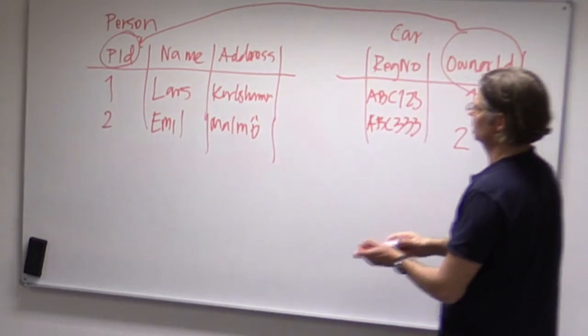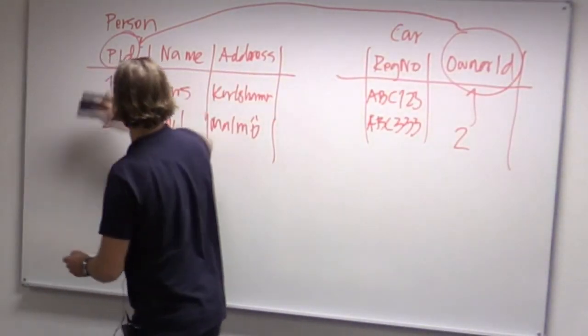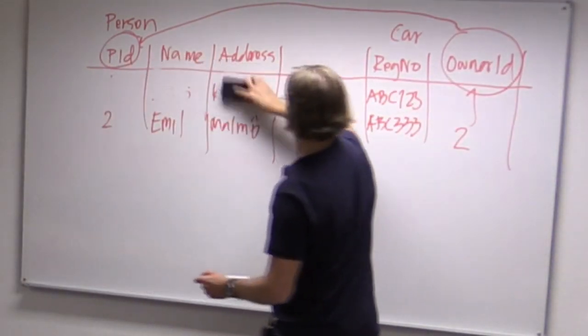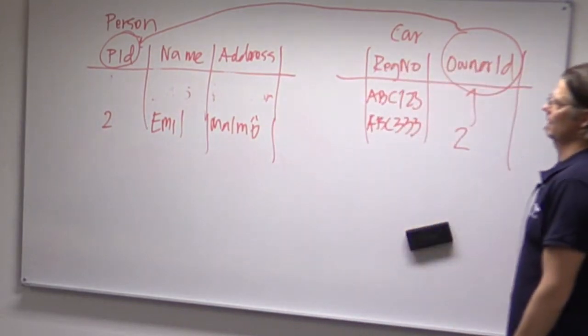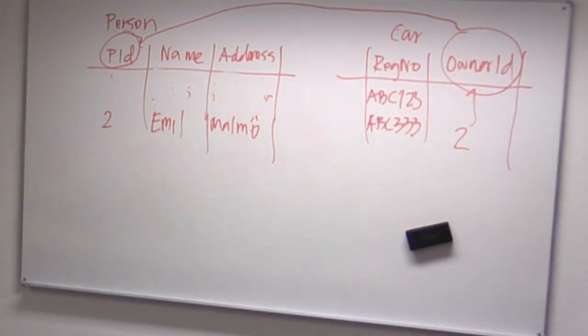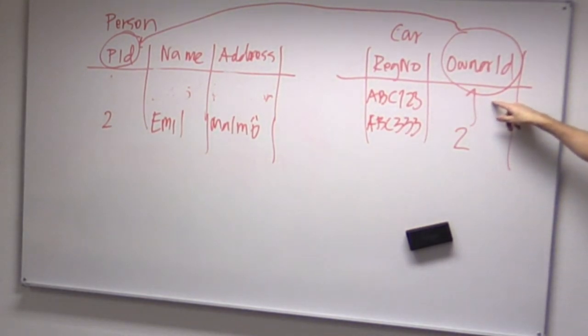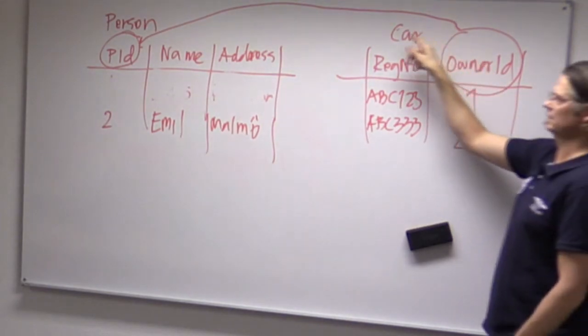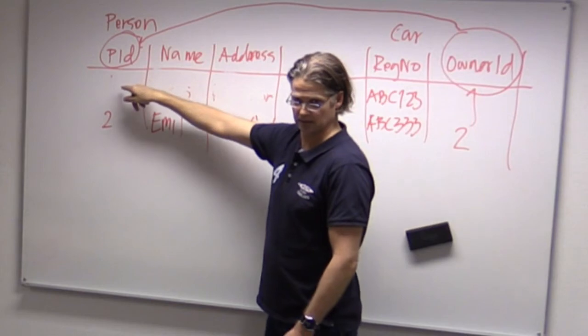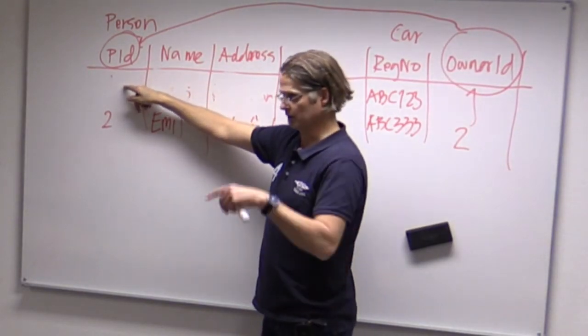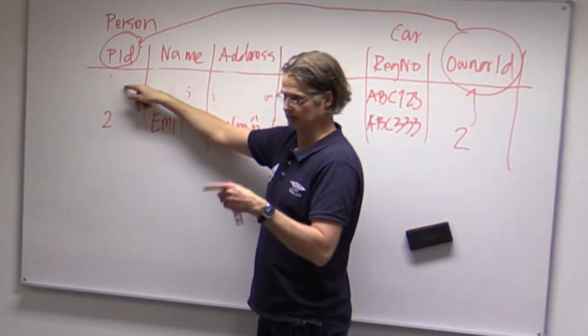If I would remove that instance, that was me, then that reference doesn't hold any longer. That owner ID is referencing something that doesn't exist. So we are not upholding the referential integrity here.